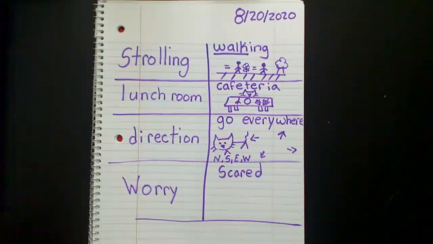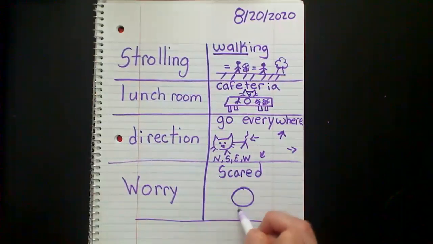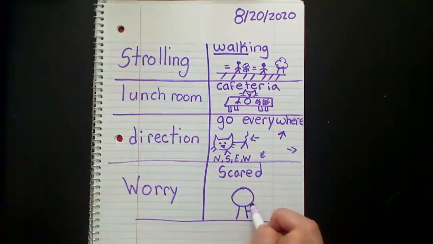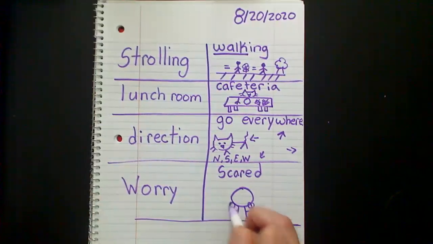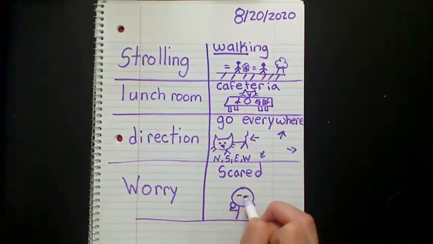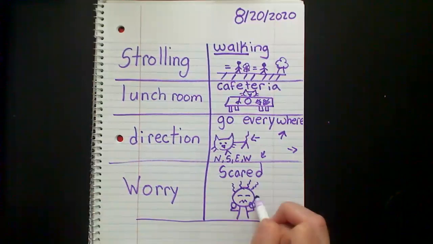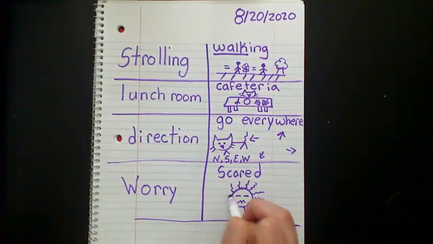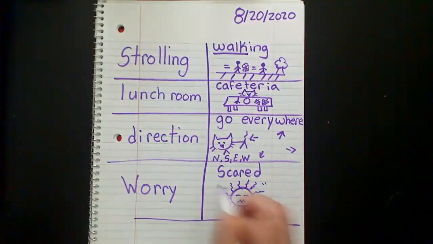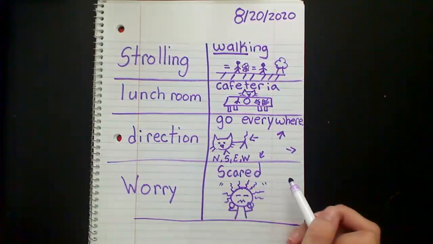It makes you nervous, it makes you anxious, it makes you feel scared. So for our picture, we drew a person who's holding their face, and they don't look very happy, and their hair is going crazy because they're scared.